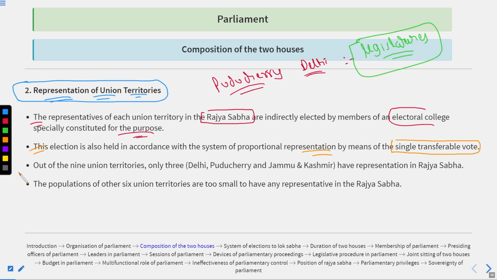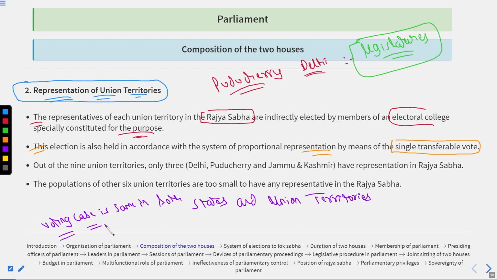Okay, it means that the voting case is the same in both the Rajya Sabha, states and union territories. Okay, this is the single transferable vote.